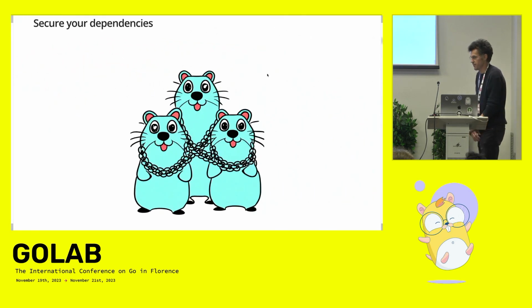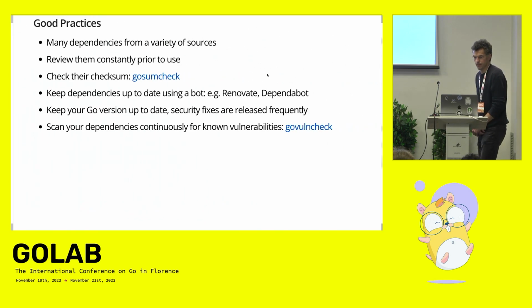Okay, so now let's move to another area. Let's look into dependencies security. I think in the last years it was a hot topic, supply chain security. We pull dependencies into a project from many sources.